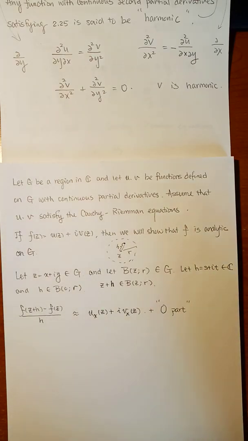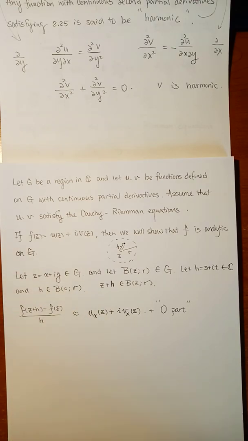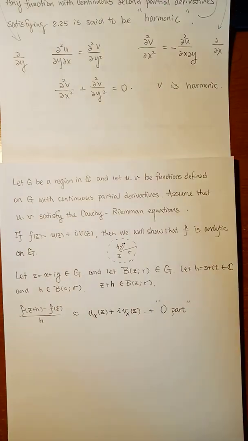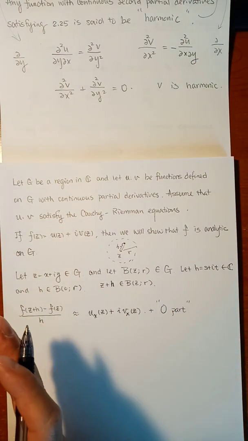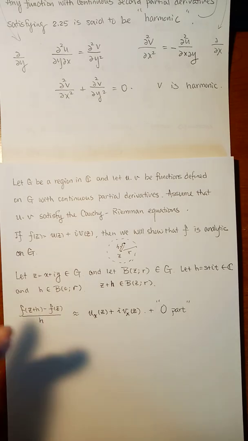So you should get something like partial derivatives: you have the real part, and you have the imaginary part. Because the real and imaginary parts are separated, we're going to study them separately. We don't want to study them together.